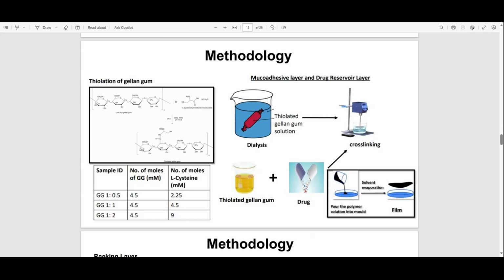For different disease conditions, we can choose different drugs. Here we have used lidocaine and triamcinolone acetonide as the drug combination, and after cross-linking, we poured the cross-linked gel system into a Petri plate and evaporated the solvent by a simple solvent air drying method. Once it is dried, we can peel out the films.